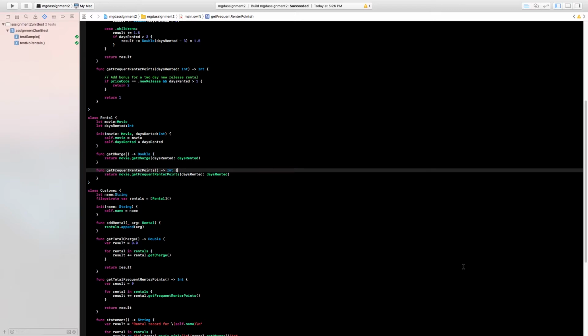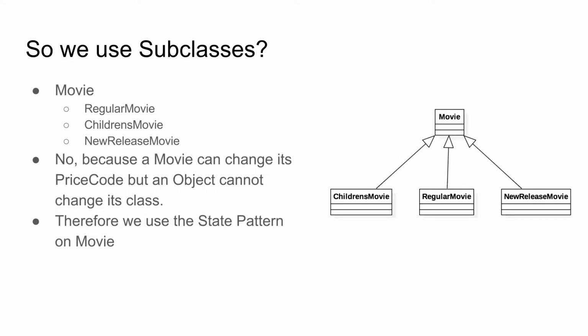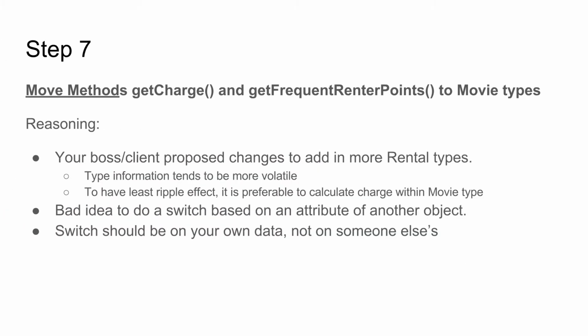Okay, so we've done that. Now, how do we use inheritance? We want to create more classes. For example, maybe we want to create a class of movies called classics, like Citizen Kane, and give special pricing for classic movies.